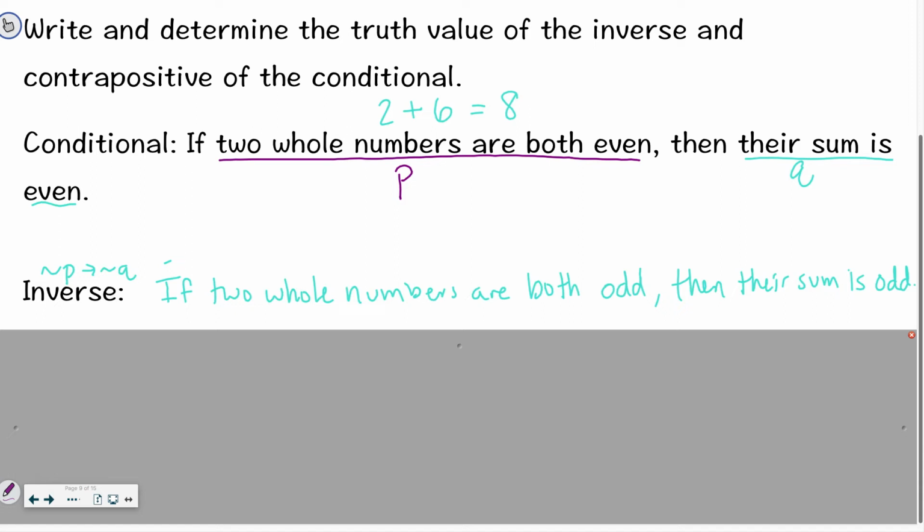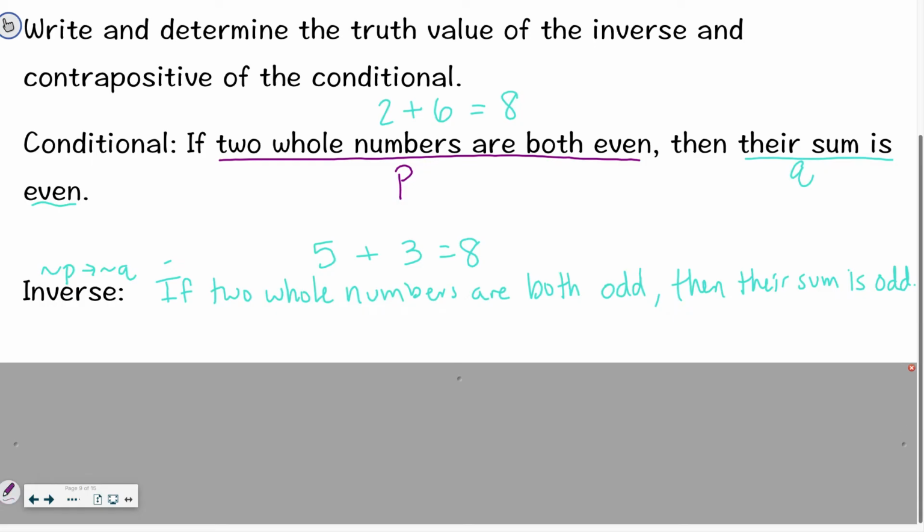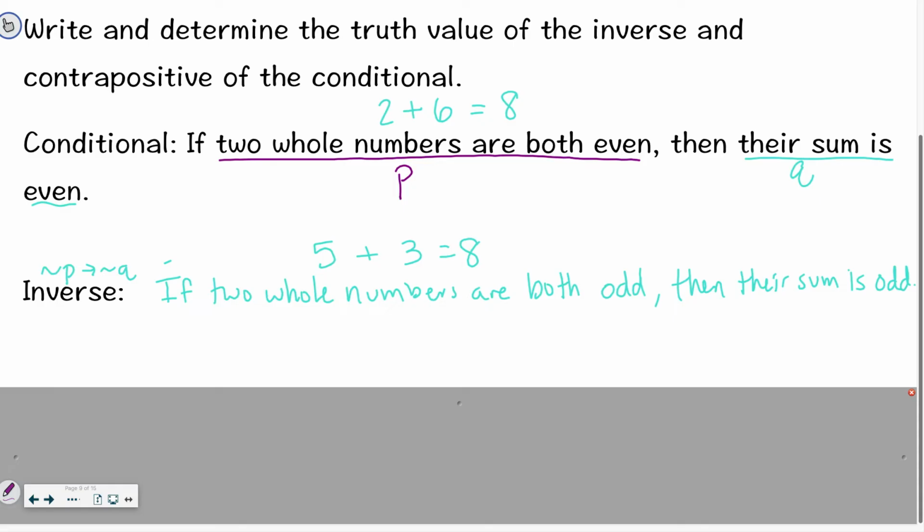And is that true? If two whole numbers are both odd, so let's say I have 5 and let's say I have 3. Those are both odd numbers, right? Then their sum is odd. So if I add that together, I get 8. Is 8 odd? No. So this would be false. And that would be a counterexample.